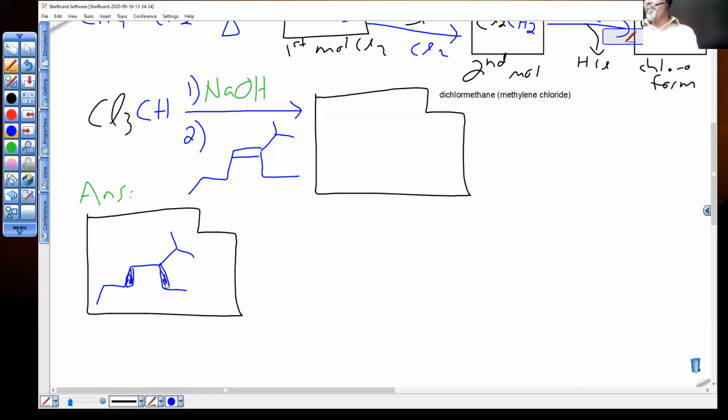But don't forget to put dichlorocarbene up there. C with 2 Cls. You can draw them if you want. Use CCl2 if you want. And that's all you need to know about that carbene.